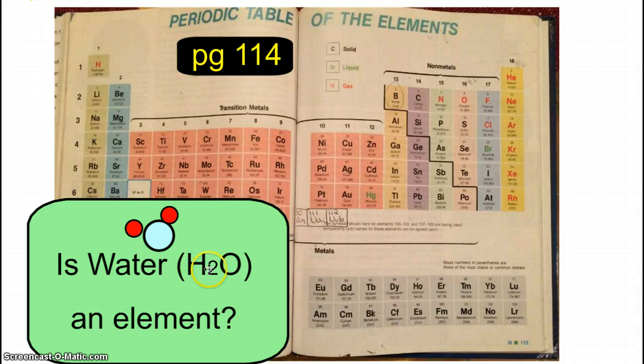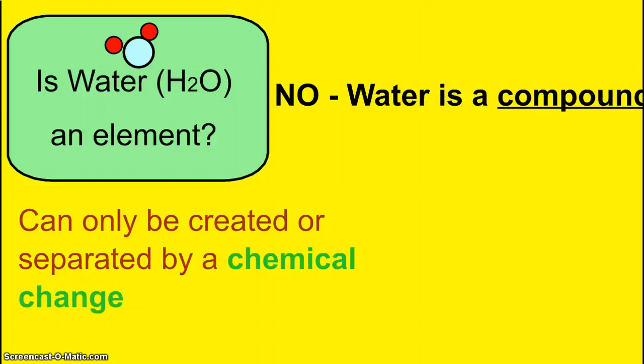So I'm looking for the letters H and I guess a number, and I don't see any chemical symbol that has H2O in this periodic table. You will not find any block or any box in this periodic table with H2O in it, because water is not an element. Water is something called a compound.